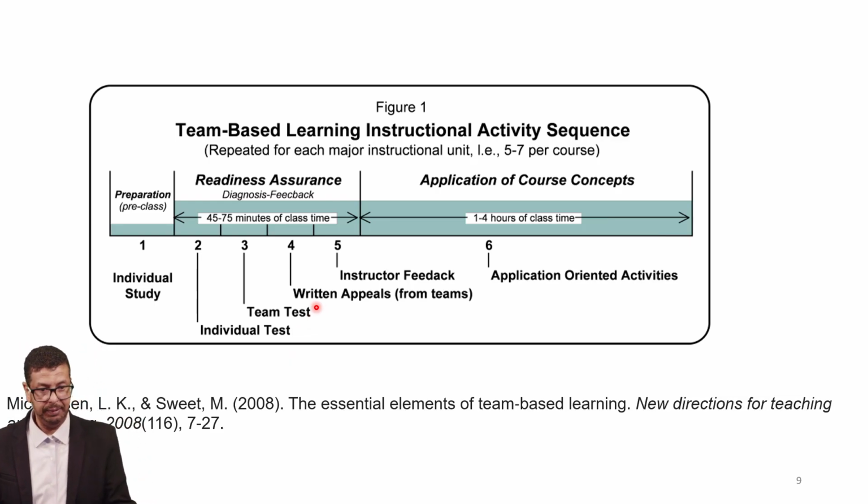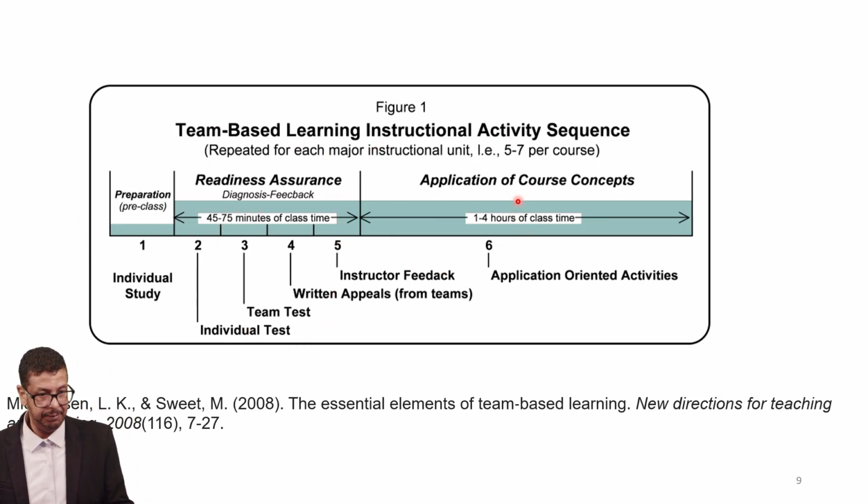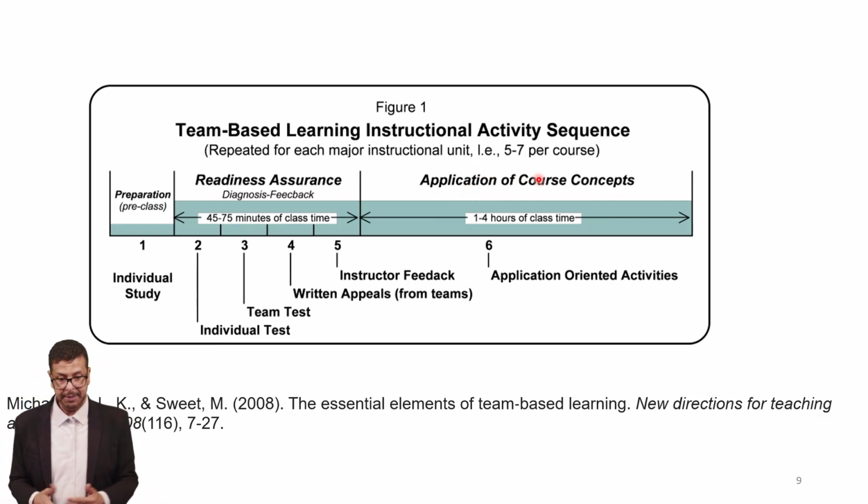You write an appeal to the instructors, and then instructors provide you with feedback. All these phases are called the readiness assurance process. Following this, there is a phase called application of concepts, in which you have application activities.